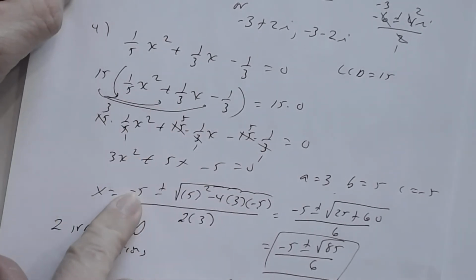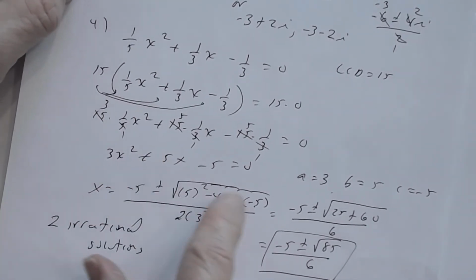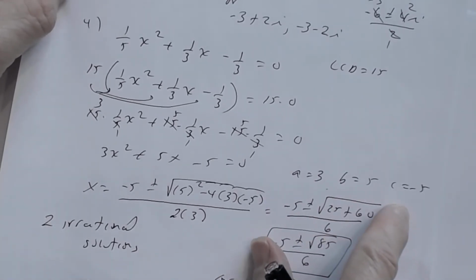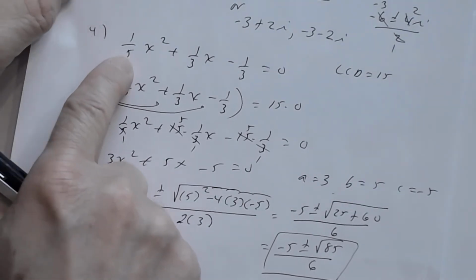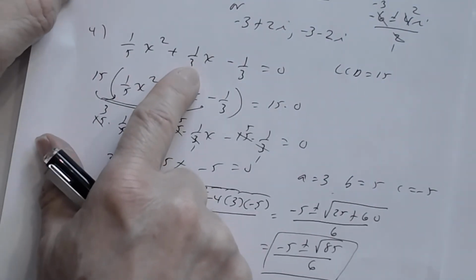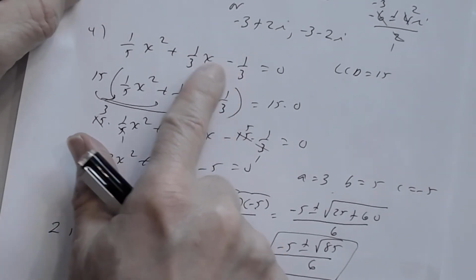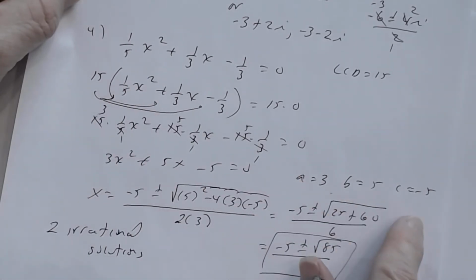You have to show the work. Unless they tell you to use a calculator, you want to make sure that A, B, and C are integers. So A was 1/5. That's not an integer. B is 1/3. That's not an integer. C is -1/3. That's not an integer. So that's why I multiplied both sides by the LCD, to get these to be integers.